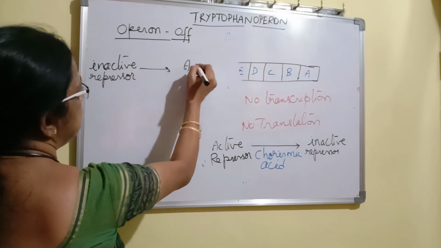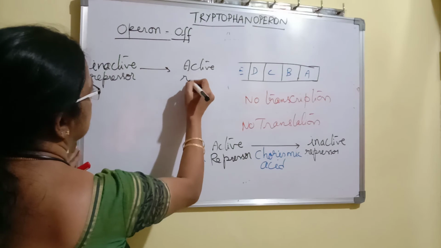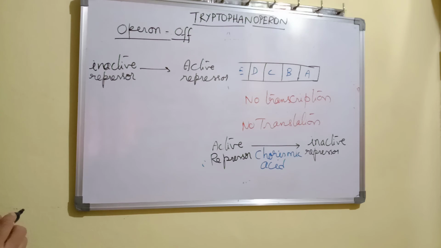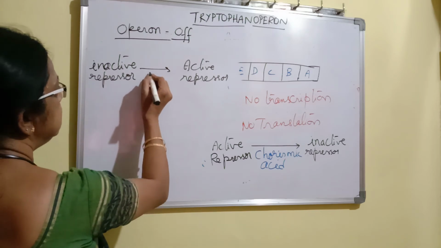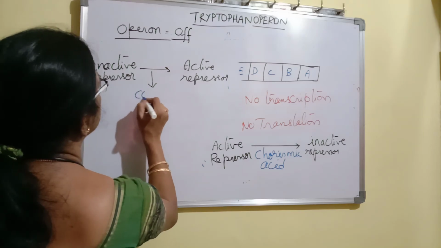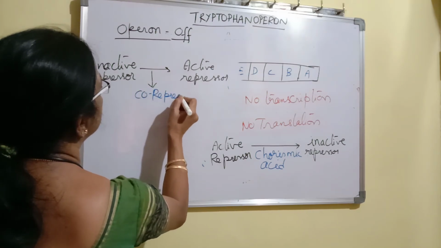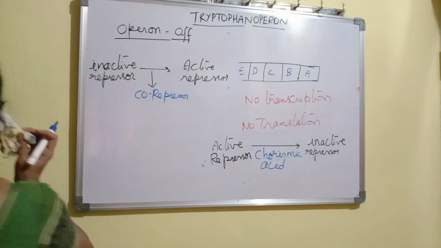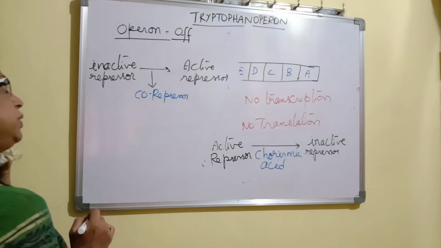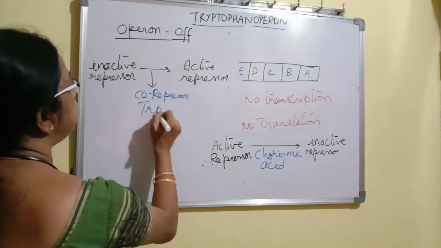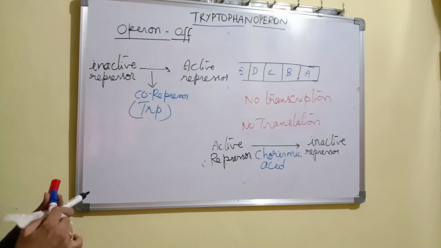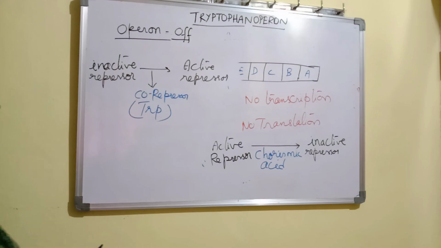It can be converted into the active form, active repressor, in the presence of the end product, that is, in the presence of co-repressor. Co-repressor here is tryptophan. So that is how, to summarize, we can say the conversion of active and inactive repressor.